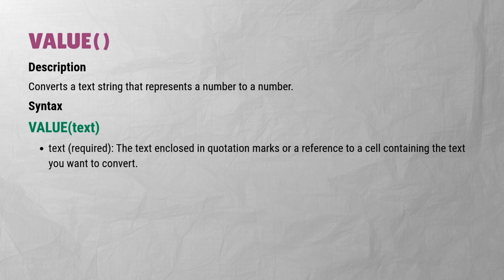The value function converts a text string that represents a number to a number. Keep in mind, Excel is pretty good with converting those if you want to use them in formulas or things like that. But once in a while, this can cause issues in summing columns in a larger data set. So we can use value to really help us figure out if our data is actually one that we can manipulate within Excel.